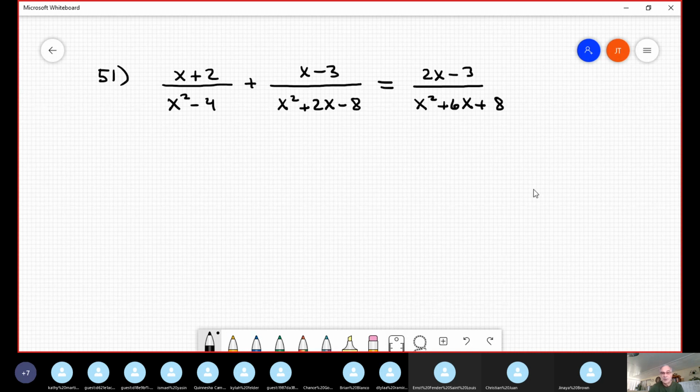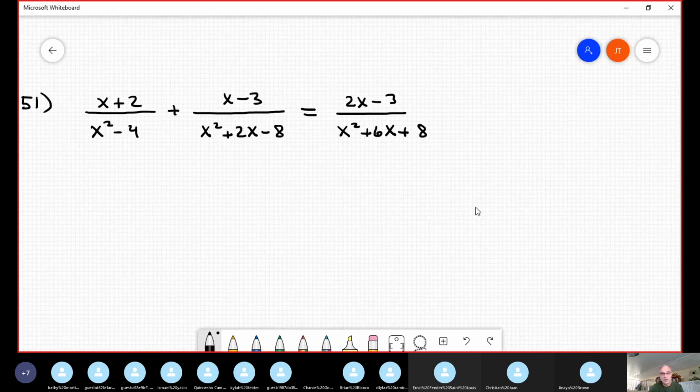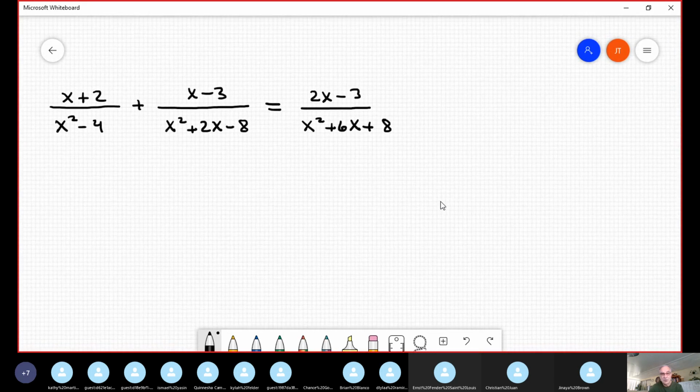Do you remember how we solved this equation? Or you don't remember anything? What should I do? What is the first step?